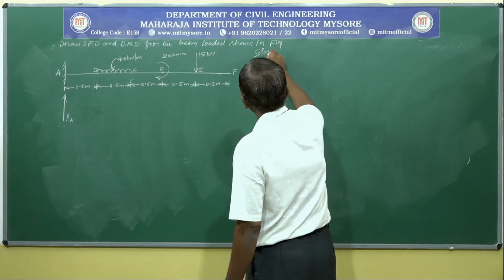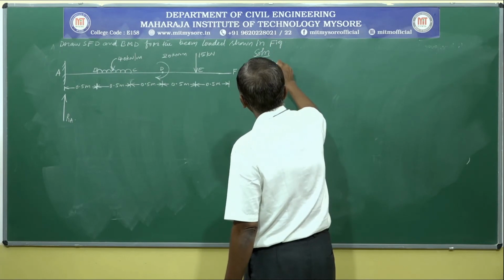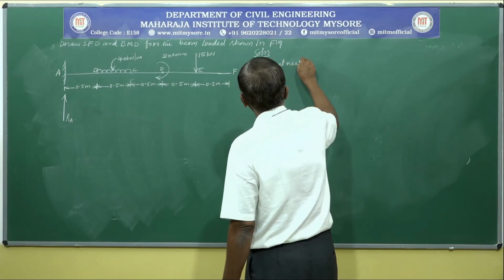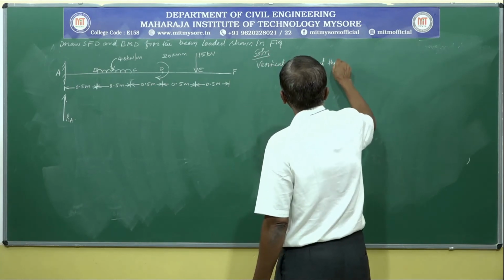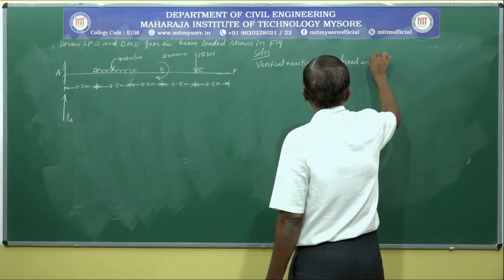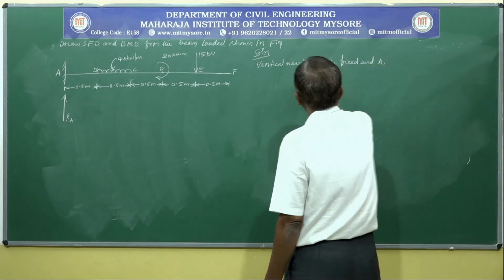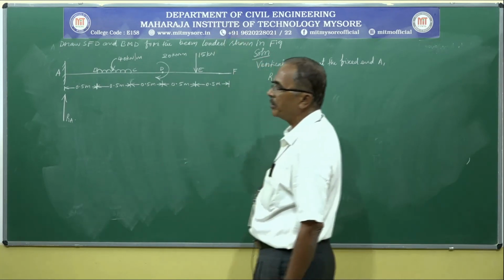Directly we can write, vertical reaction at the fixed end A, RA, is equal to the total load coming on the beam, only loads.